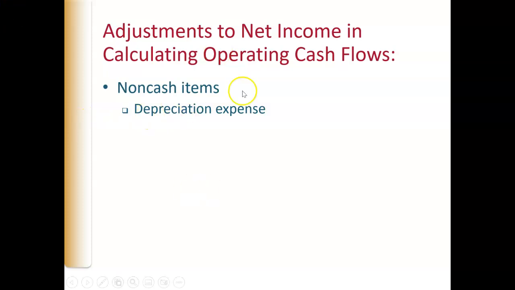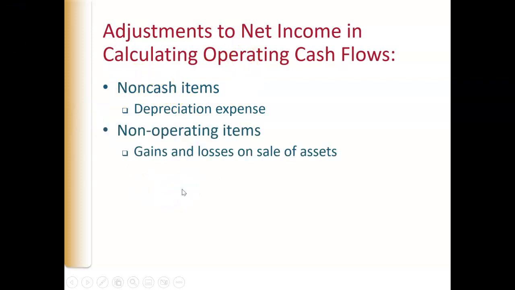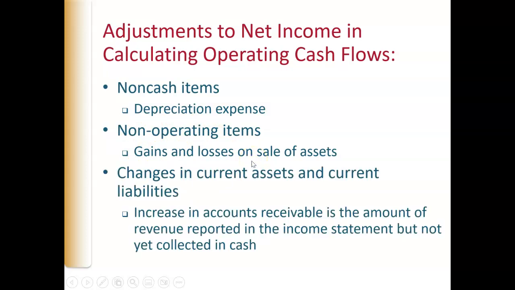So in calculating our operating cash flows, we're going to add back depreciation. Then we're going to look at these non-operating items, gains and losses on sales of assets. Then we're going to show the changes in current assets and current liabilities.